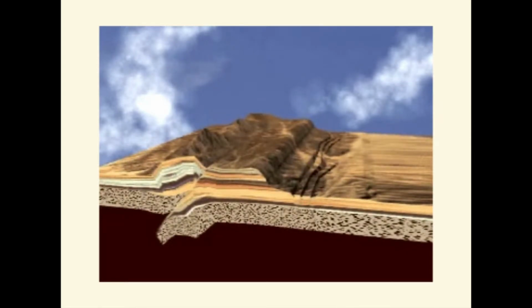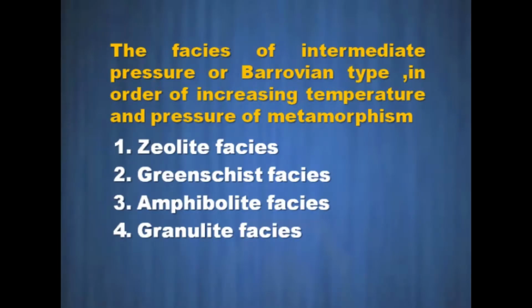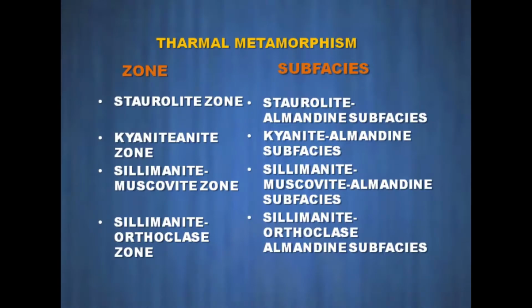The facies of intermediate pressure or Barrovian type, in order of increasing temperature and pressure of metamorphism, are: first zeolite facies, second green schist facies, third amphibolite facies and fourth granulite facies. Metamorphic zones and subfacies.